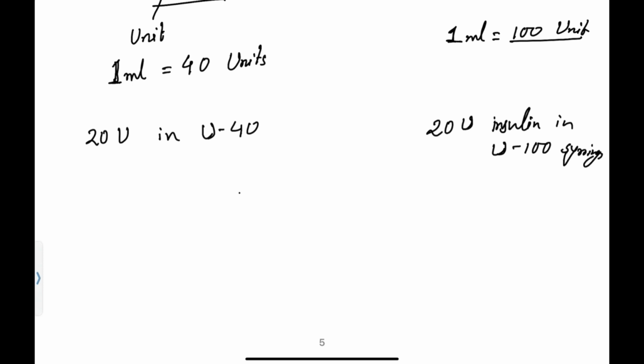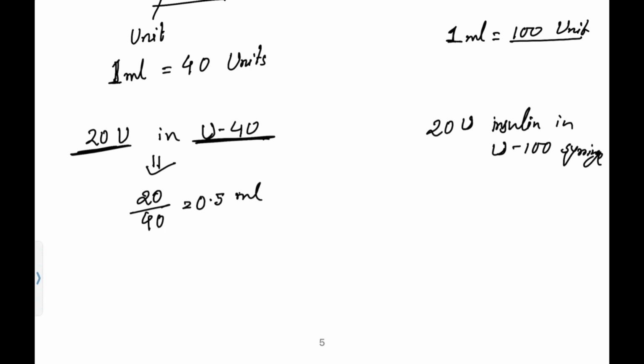So let's clarify how much strength you are taking. 20 units of insulin in a U40 syringe gives you the result of 20 divided by 40, that is 0.5 ml. But here 20 units of insulin in a U100 syringe gives you the result of 0.2 ml.